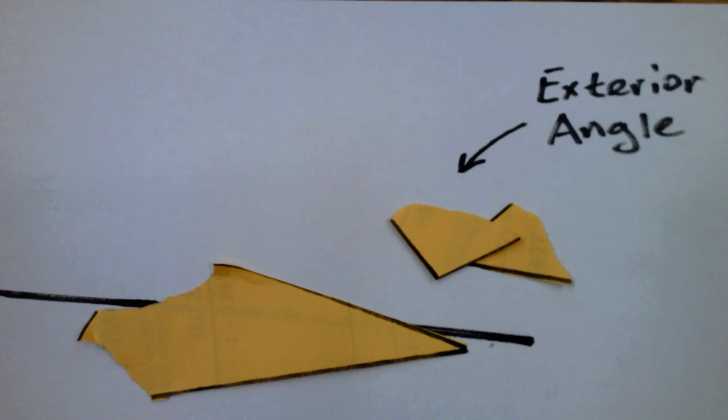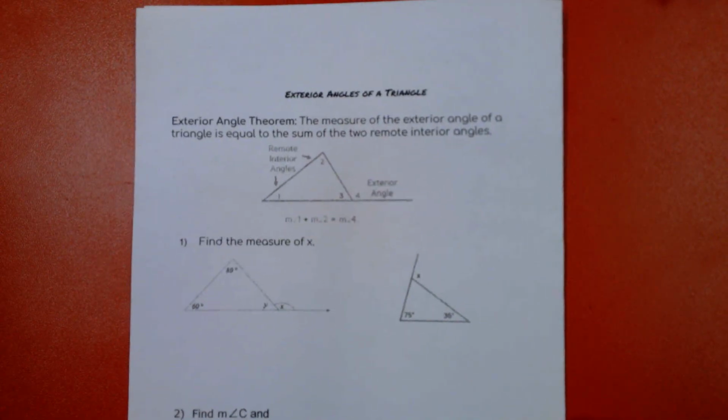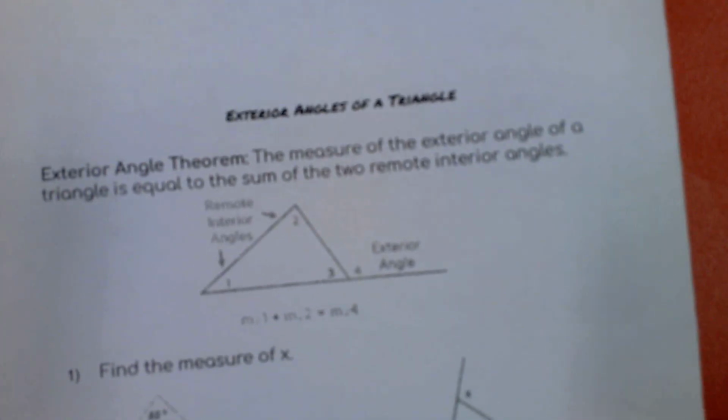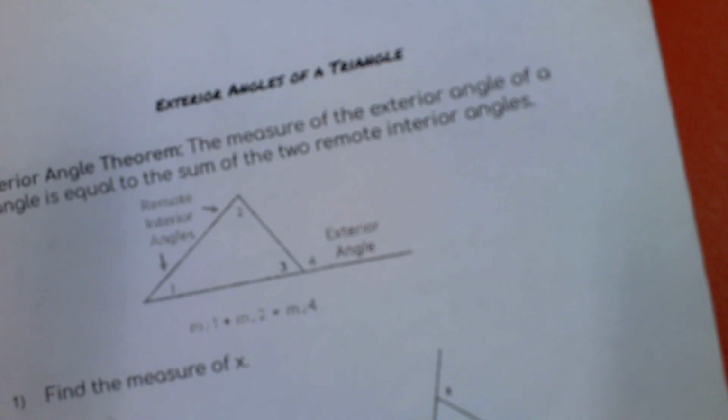That's called the exterior angle theorem. Math is all about rules and theorems, and we're going to learn a new one and use it a little bit. So everybody got their notes out? All right, let's go ahead and get started.